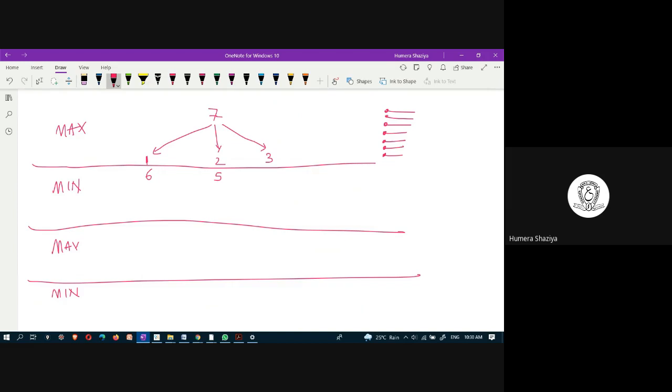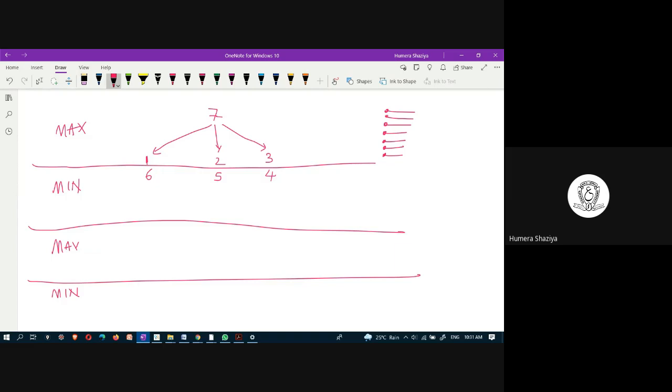Here it would be 4. Students, please note that here I am drawing the complete game tree. In reality, Max takes any one choice, Min takes any one choice, and the final outcome is obtained based on that. But let us see what the total options available are.